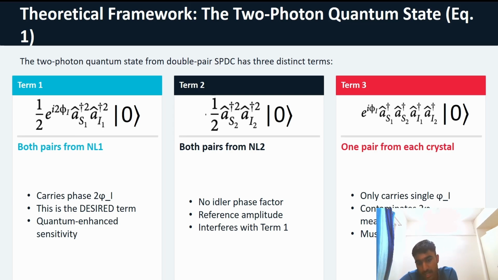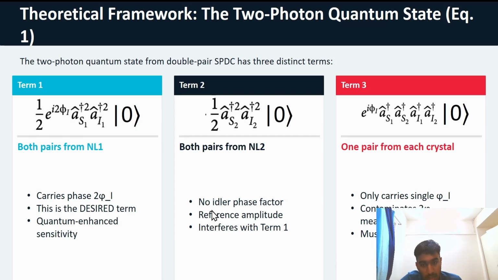The second term has no idler phase factor, and it's just a reference amplitude. The third term carries only a single phi I phase factor, not 2 phi I, and thus it contaminates our 2 phi measurement, and therefore it must be eliminated. This is done by the Hong-Ou-Mandel interference at the beam splitter, which filters out this third term.